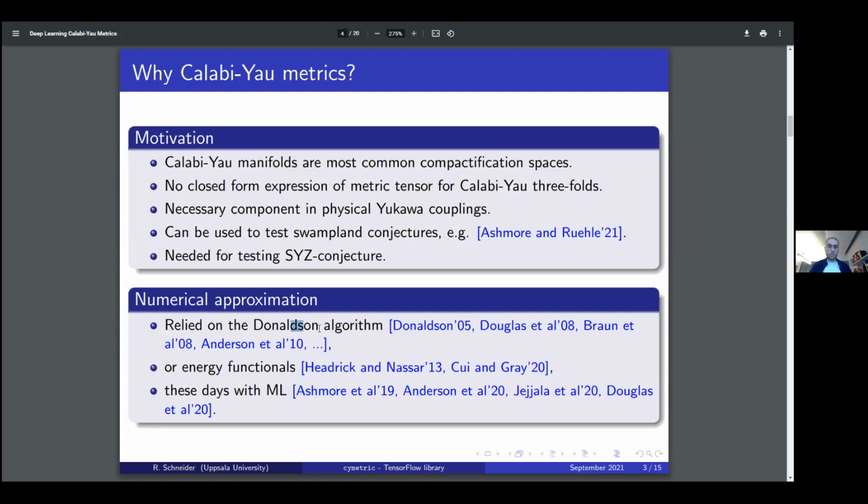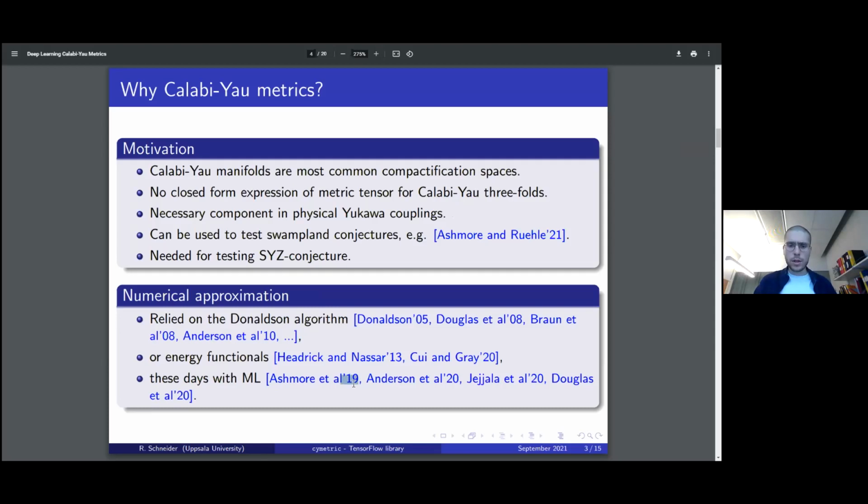and sample efficiency. So more efficient proposals are based on energy functionals, which also approximate the Kähler potential, but find a better basis for it. This has been made popular by Headrick and Nassar, and there are also some recent developments by Quinn and Gray. And over the last year, I would say, maybe a bit earlier, different research groups started applying methods and algorithms from machine learning to learn the metric.